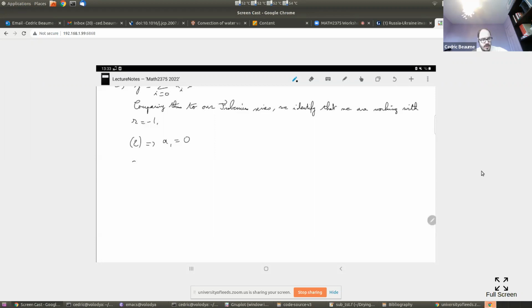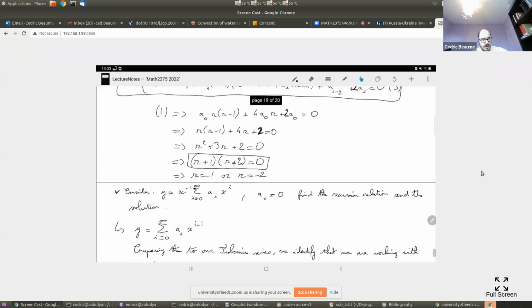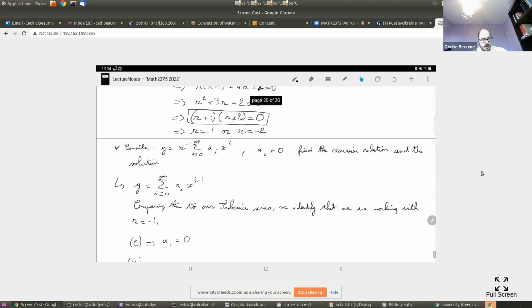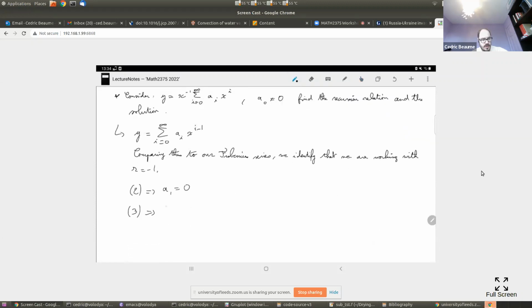So now the question is, what does equation 3 give me? I need to copy this equation. So that's a_i times (r+i)(r+i-1) plus 4a_i(r+i) plus a_(i-2) plus 2a_i equals 0.